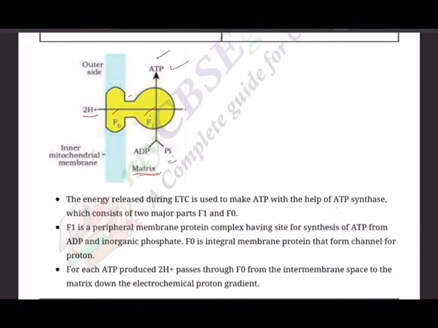So the energy released during ETC is used to make ATP with the help of ATP synthase. This is the enzyme required, which consists of two major parts, F0 and F1. F1 is the peripheral membrane protein complex having the site for synthesis of ATP from ADP and inorganic phosphate.